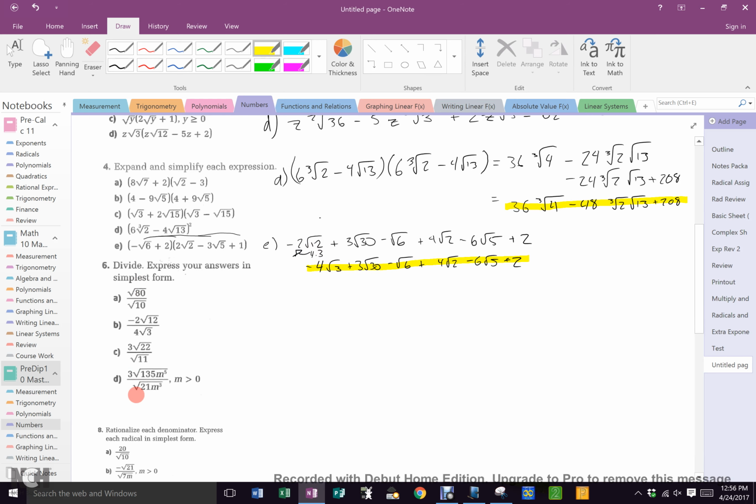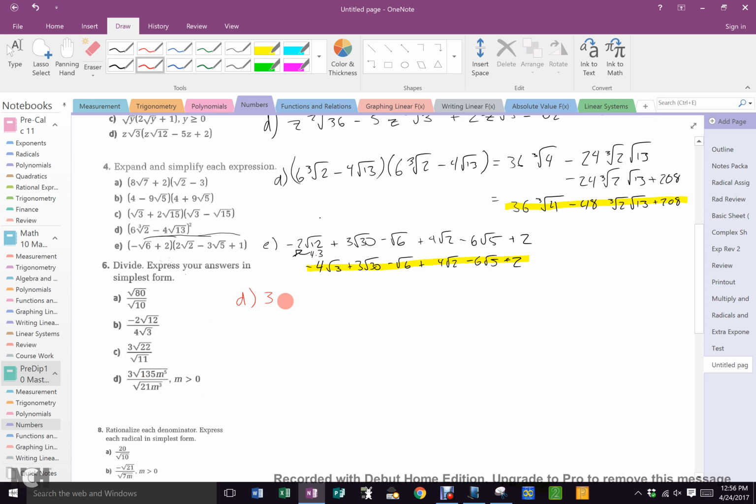All of these are the same, so I'm only going to do D. So I simplify as much as I can. That's going to be 135 and 21 will both take 7, I think.